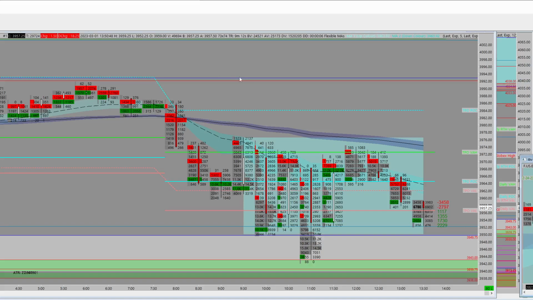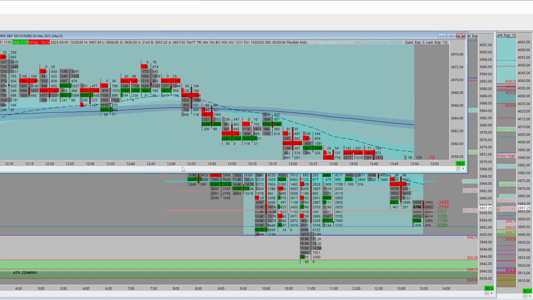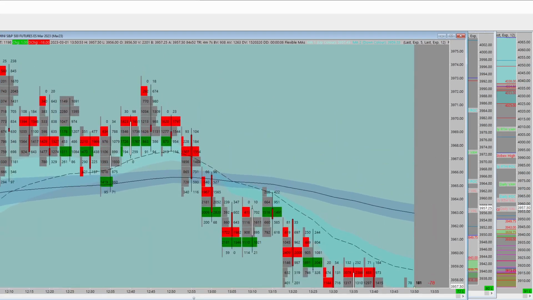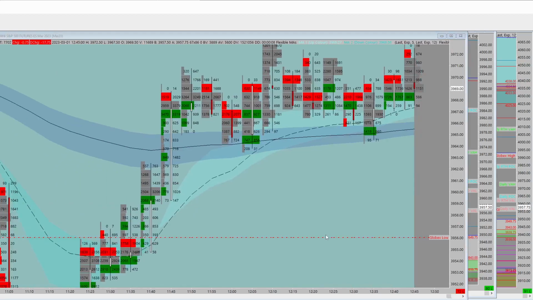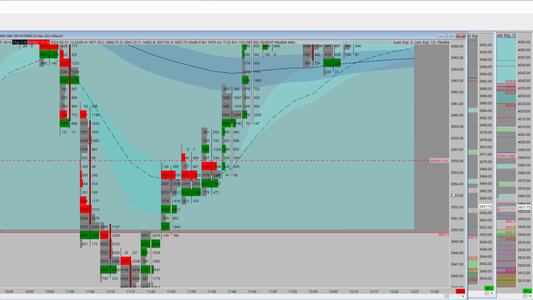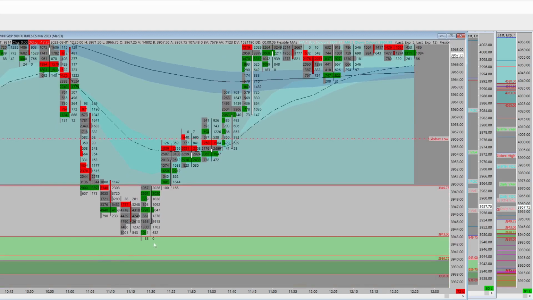We'll take a quick look at the 5-minute order flow from where I took my trades. All right, so we can see clear zero print.